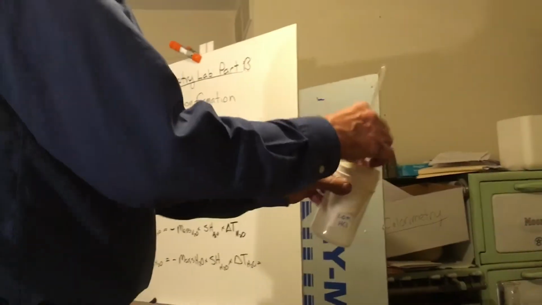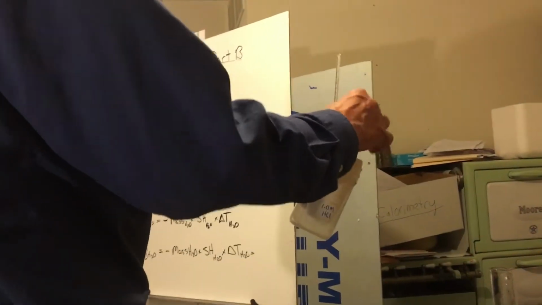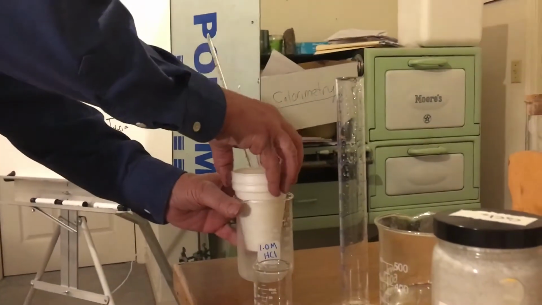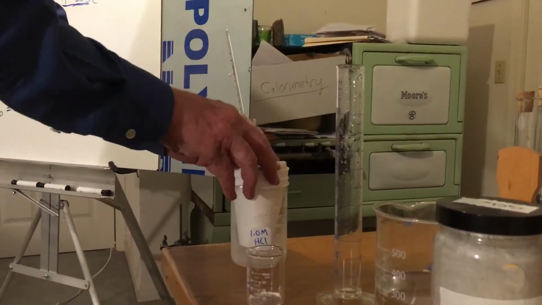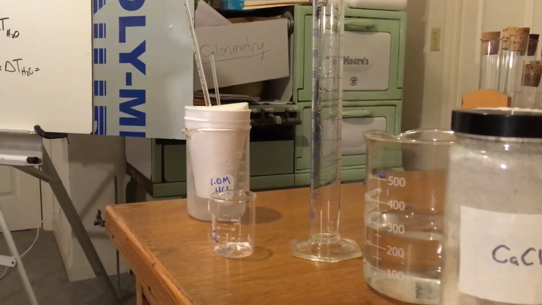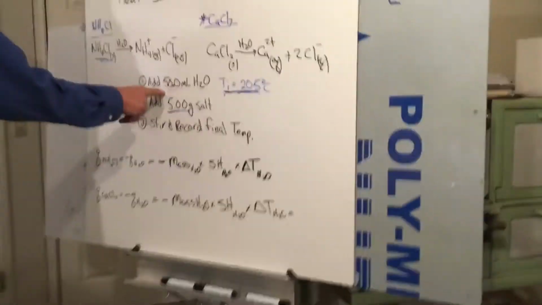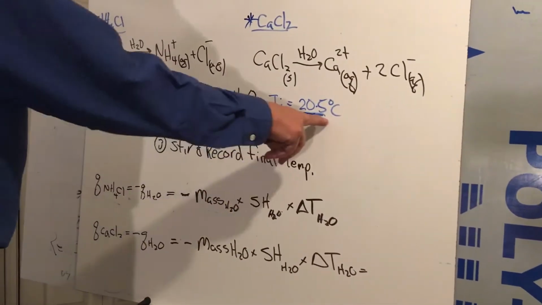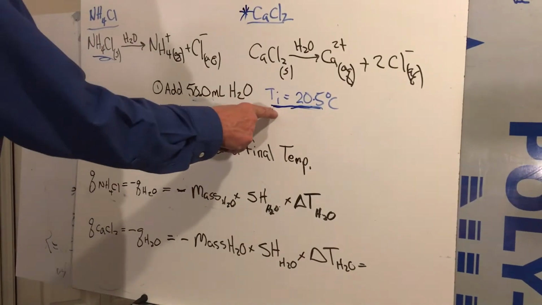Just better keep it low so you can see what's going on here. So let that continue to dissolve, and as it continues to dissolve, the temperature is going to continue to change as a result of the heat of the reaction that's involved. So we've done part 1. We've added the 50 mL of water to the calorimeter. We had taken the initial temperature, T initial.